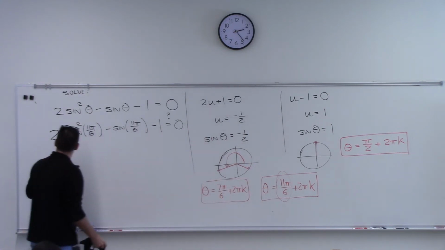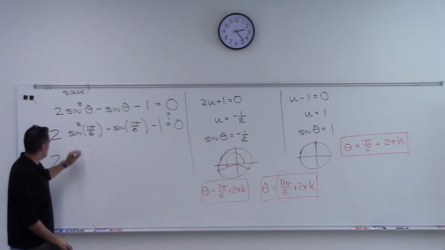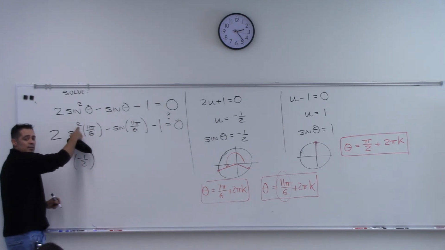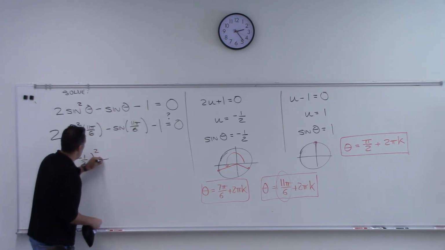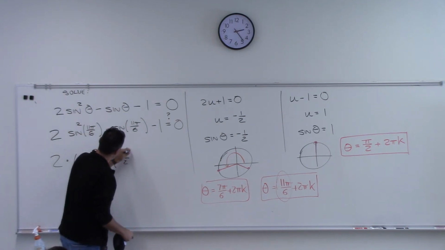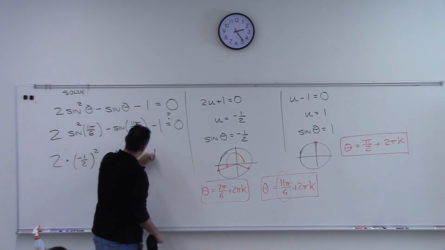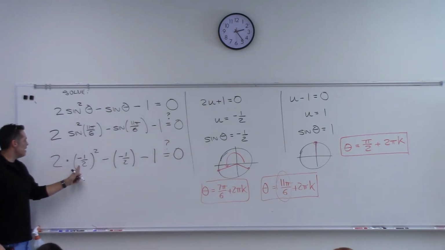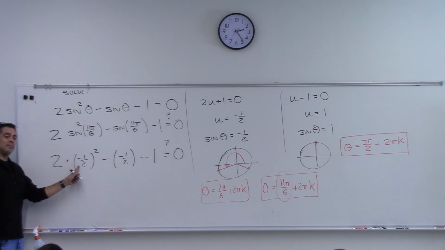So if I replace this, 2 times negative 1/2, but remember, I have to square that answer, squared, minus sine of 11 pi over 6, which is negative a half. And then I have minus 1. This should be 0. I don't know yet. What's negative a half squared? What's negative times negative? Positive, right? Half times a half is a fourth.